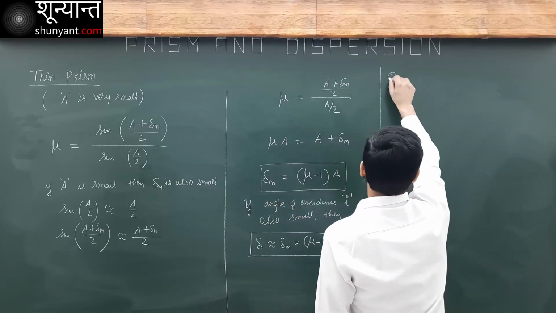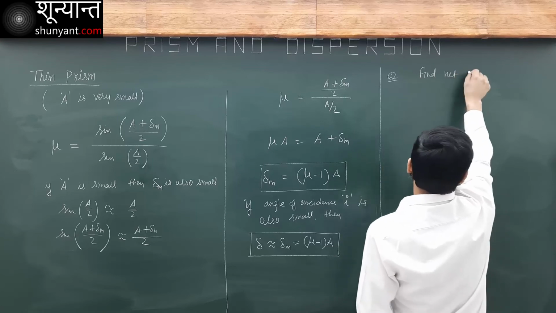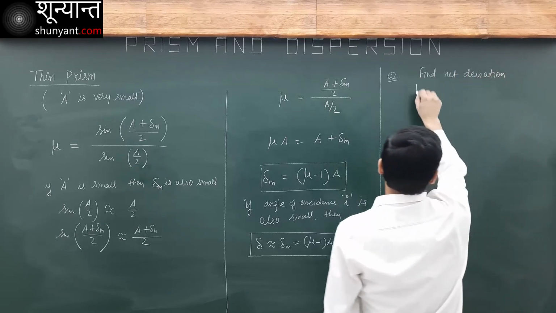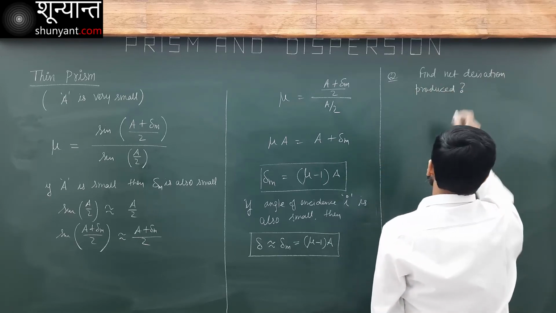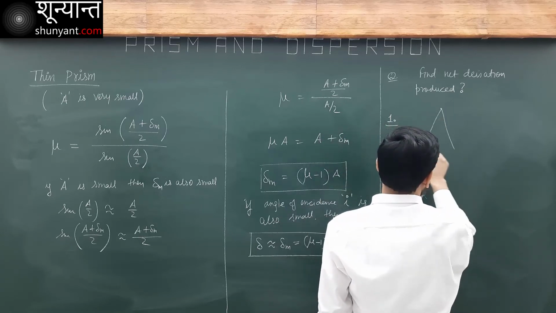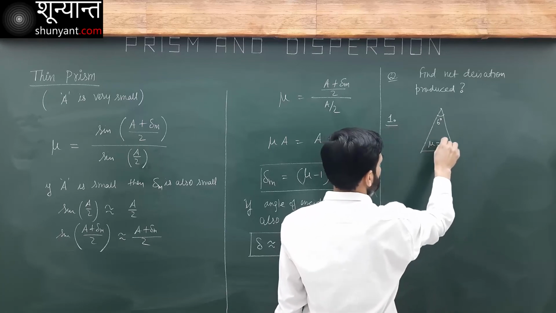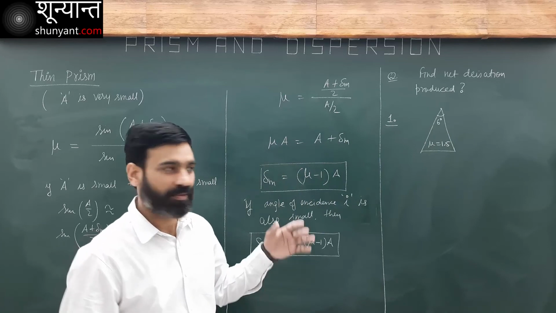Okay, question. Find the net deviation produced. First case: this is 6 degree, this mu is 1.5. Let's start with this simple problem.